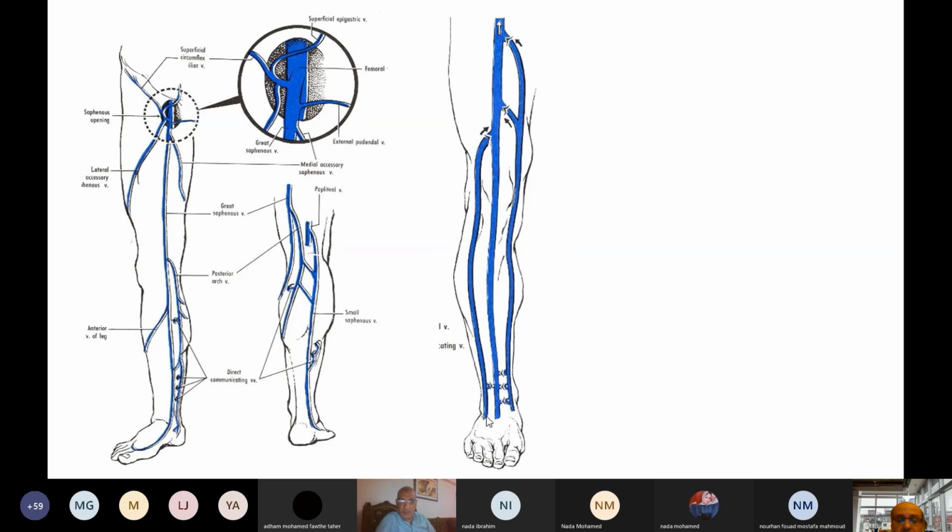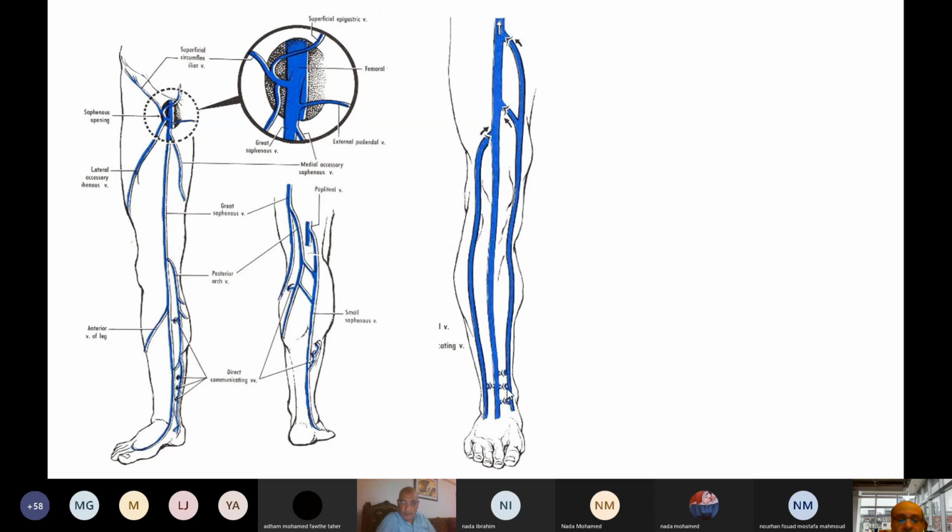To have a sound hemodynamic system in the lower limb, we have to know that we have multiple valves. These valves control the flow of the blood. The flow of the blood is directed to be from downward upward and not reverse, and this is because of the presence of valves. The valves are present in the superficial system and in the deep system.